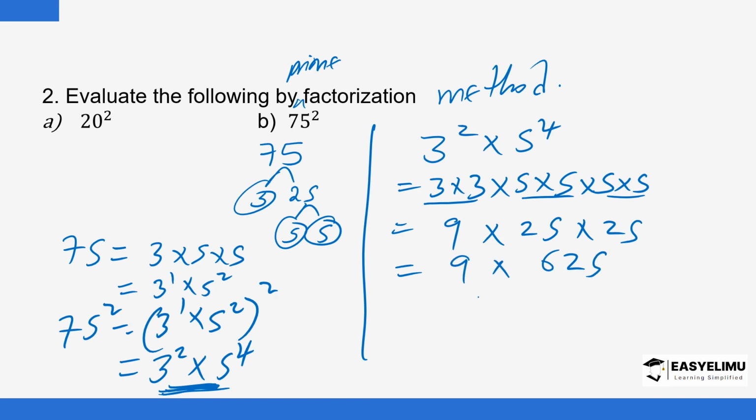So long multiplication method, 625 by 9, what do you get? 9 by 5 is 45, so 5 carry 4. 9 by 2 is 18, plus 4 is 22, 2 carry 2. 9 by 6 is 54, plus 2 is 56. So we have 75 squared being 5,625.